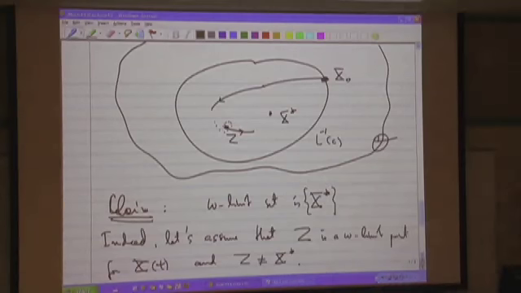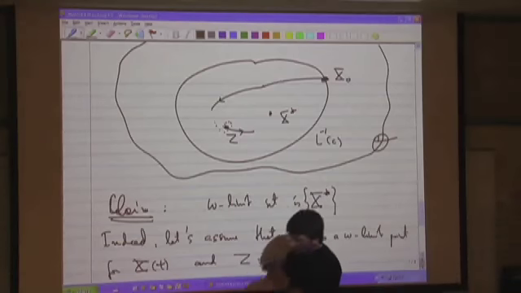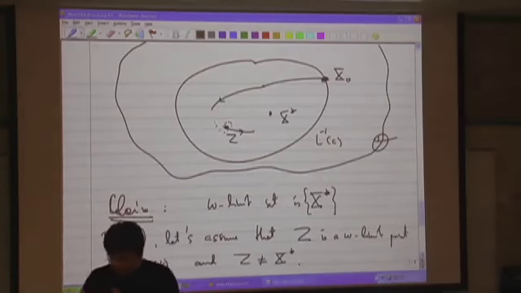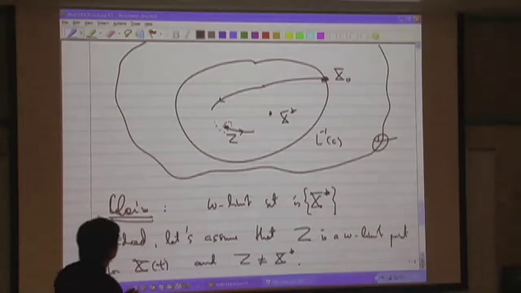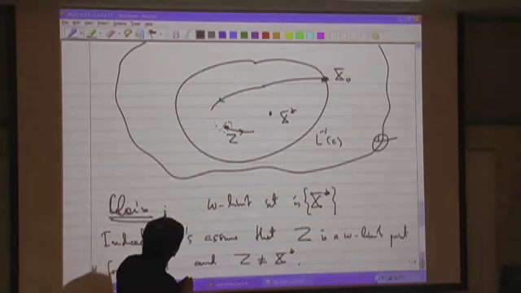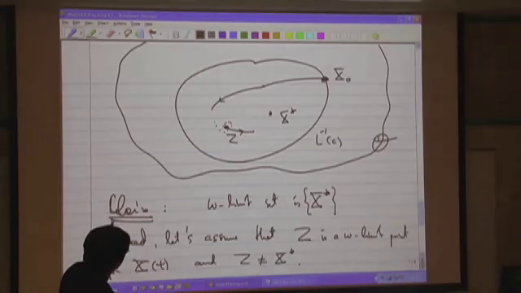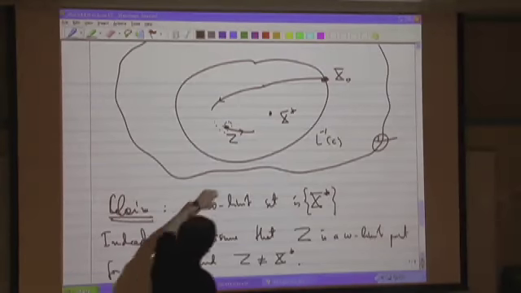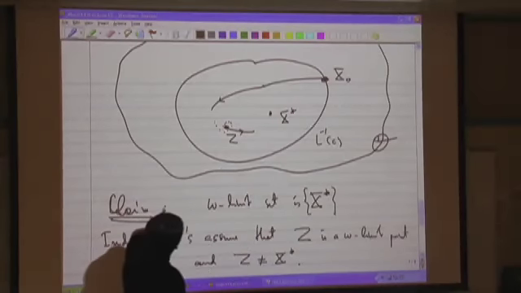So the argument has to be made using the continuity of the dependence on the initial conditions.